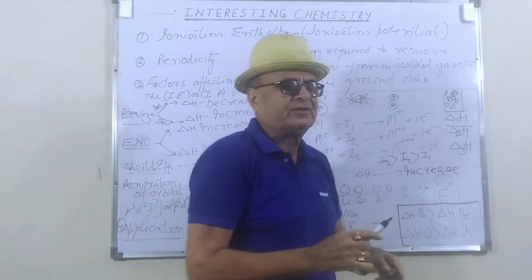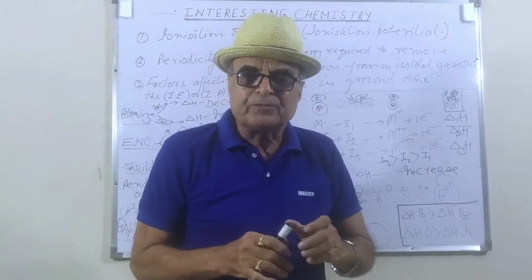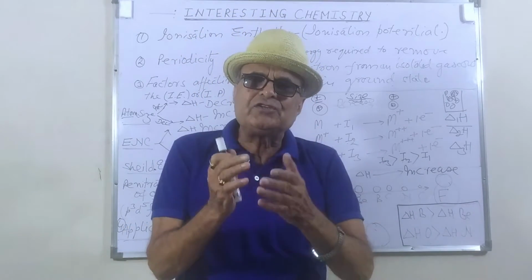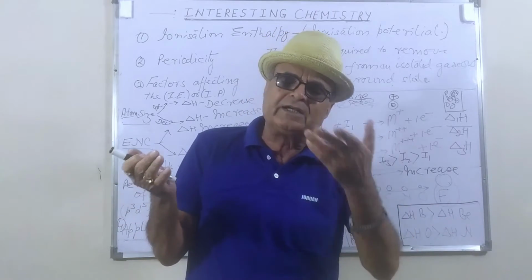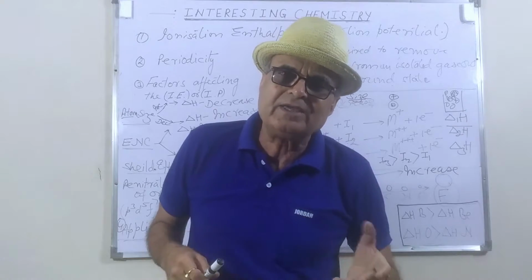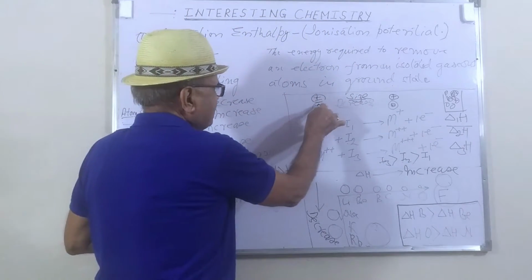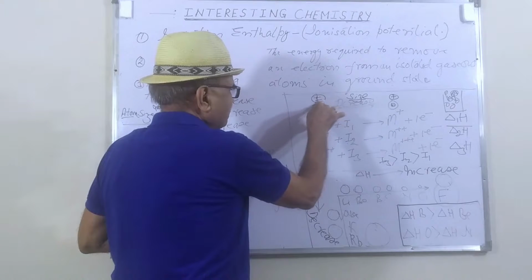This is the comparison. Why? Why is delta 3H greater than delta 2H, and delta 2H greater than delta 1H? Because this is the atom, this is the size of the atom.